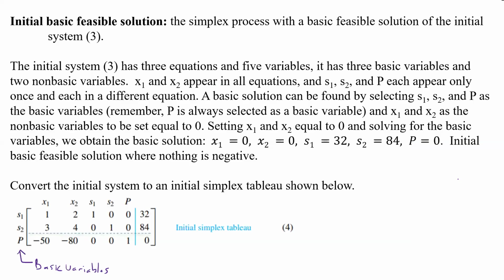Now, initial basic feasible solution, the simplex process with the basic feasible solution of the initial system 3. So say we have our initial system has three equations and five variables. So in that case, it's going to have three basic variables and two non-basic variables. So x1 and x2 are going to be appearing in all of our equations, no matter if it's the profit or the others. And then s1, s2, and p each appear only once and each in a different equation.